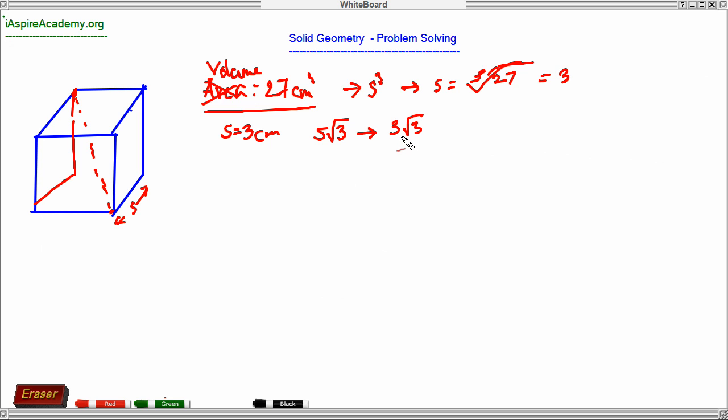So this is your answer. If you remember, the way we found the longest diagonal is we found the diagonal of this face, and then using the Pythagorean theorem on this triangle, we found the longest diagonal. So our answer is 3 root 3.